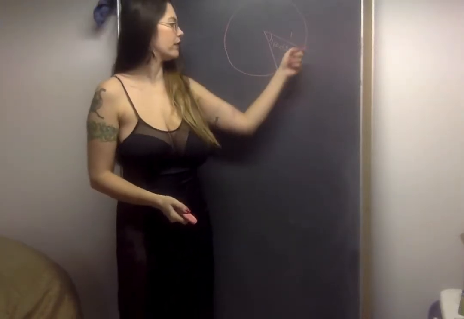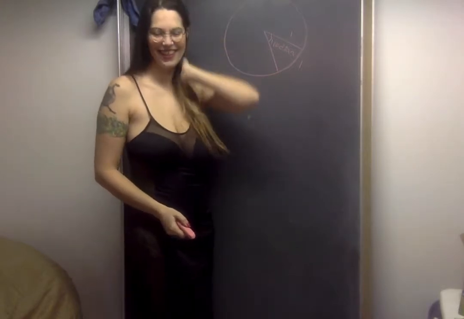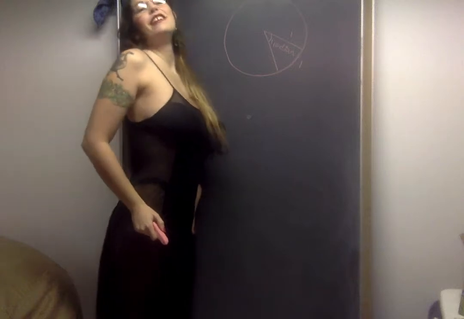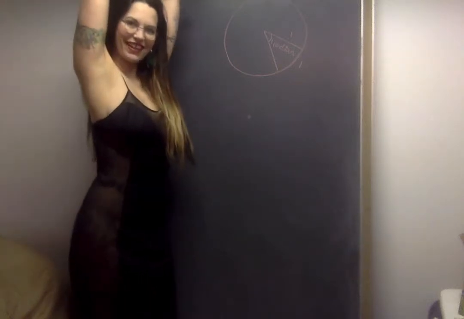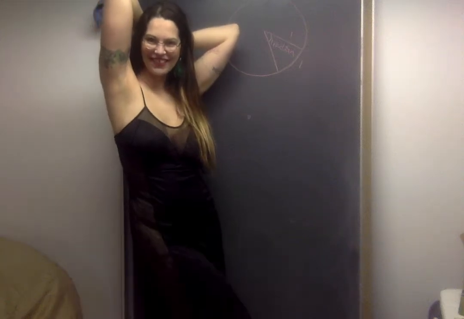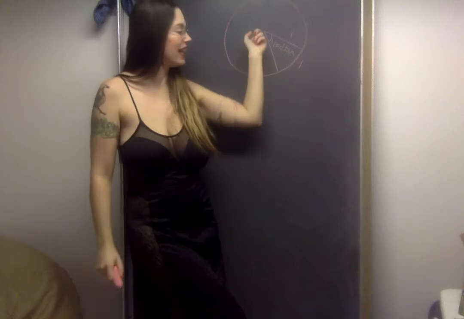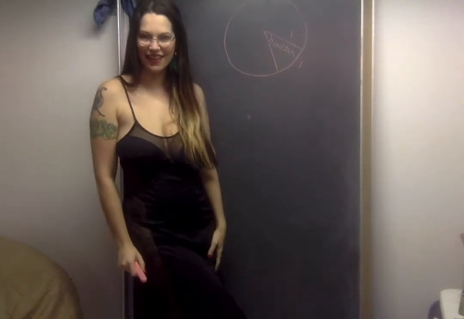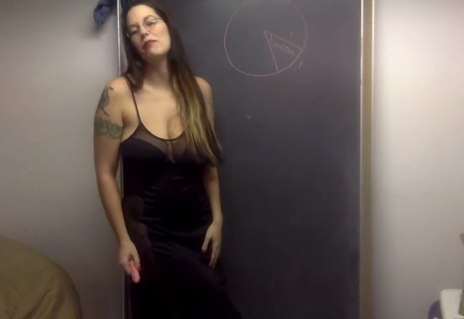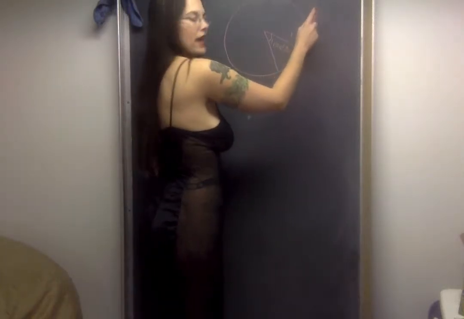So if I straightened out this curve, I'm going to get a length of 1, the same length as the radius of this circle. And it turns out that if you measure all the way around, you get a distance of 2 pi.